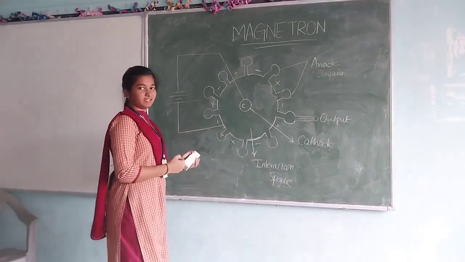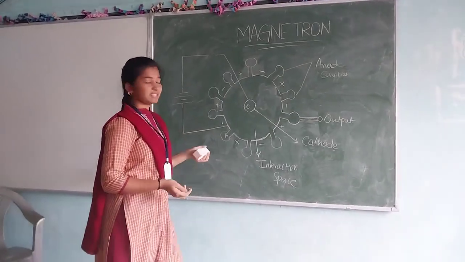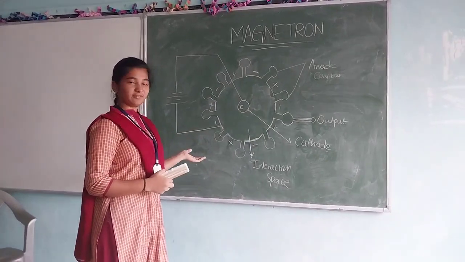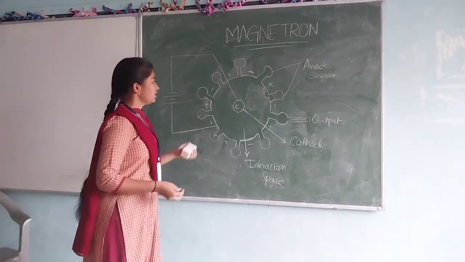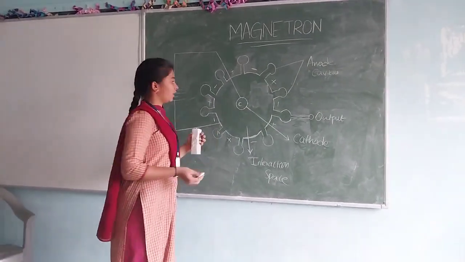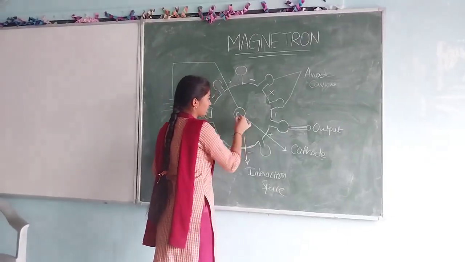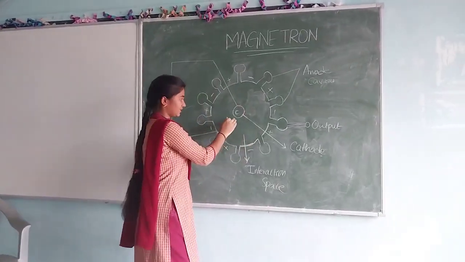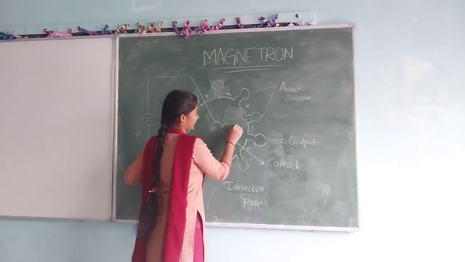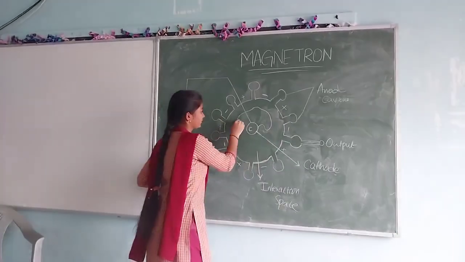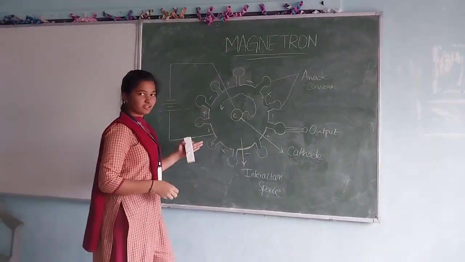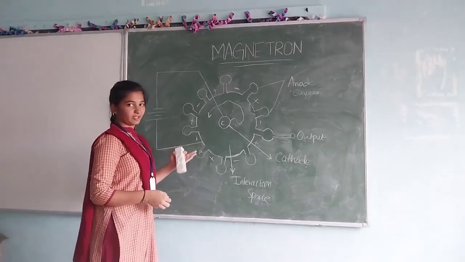So now we discussed two cases, and the third case is when the magnetic field increases beyond this. So when the magnetic field increases beyond, the electrons that are released by the cathode will move in the interaction space itself. This is because of the magnetic field present in the magnetron.